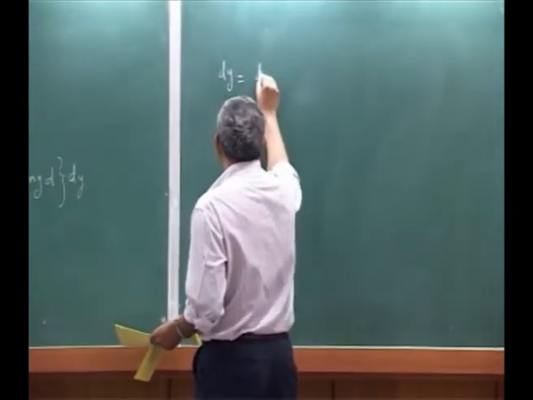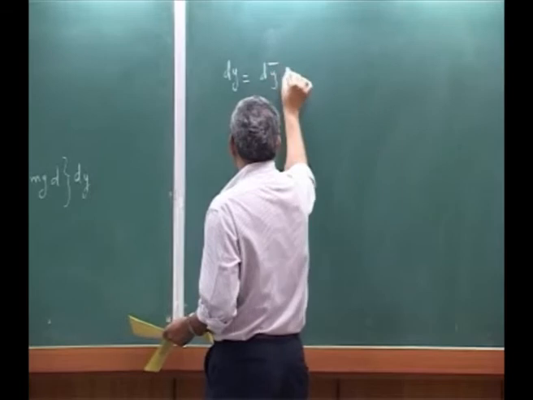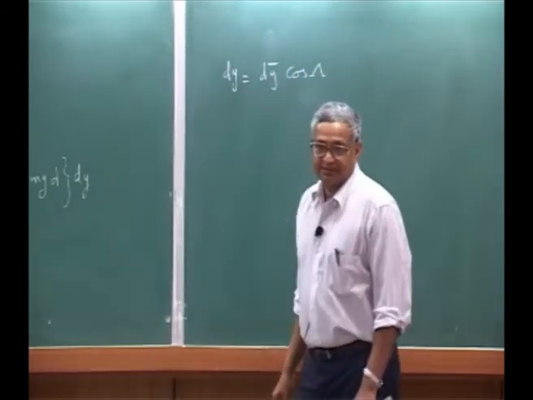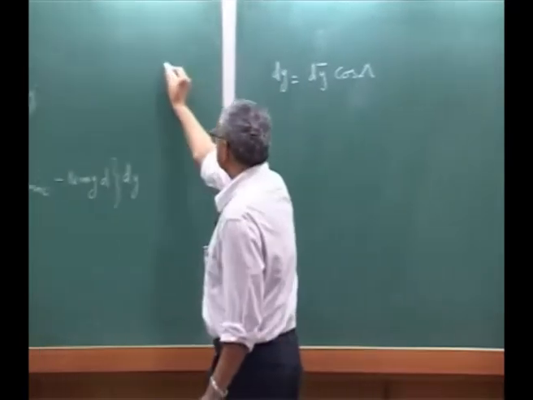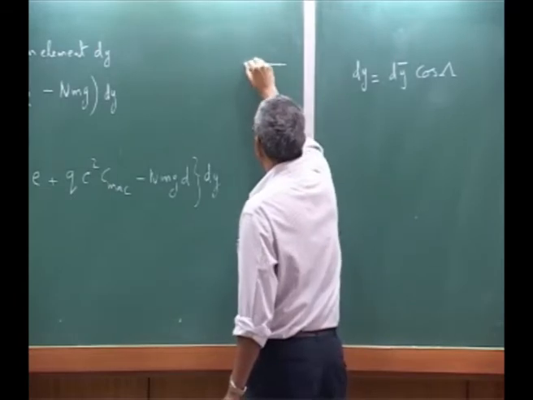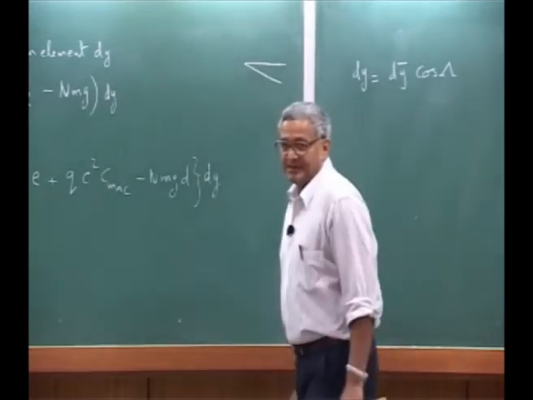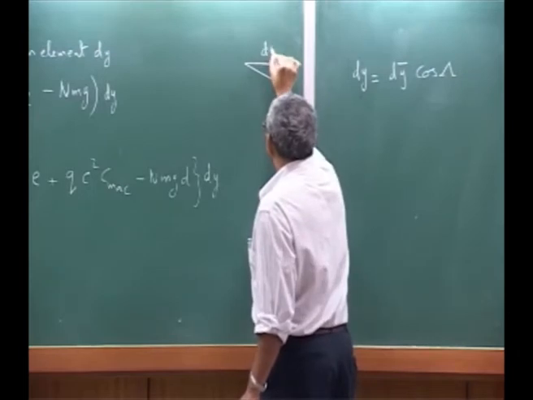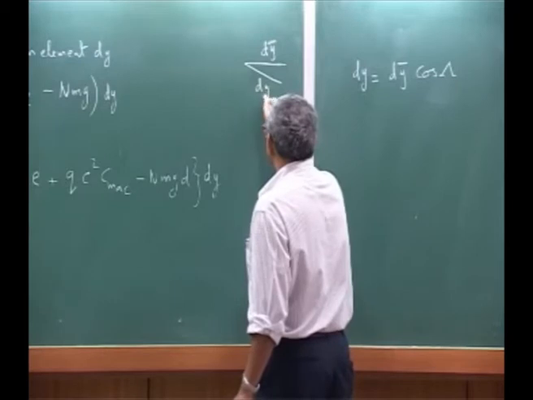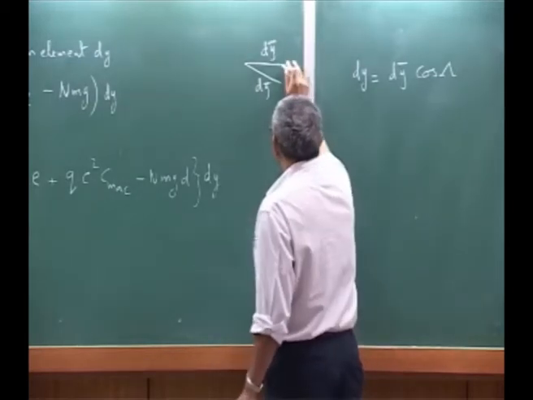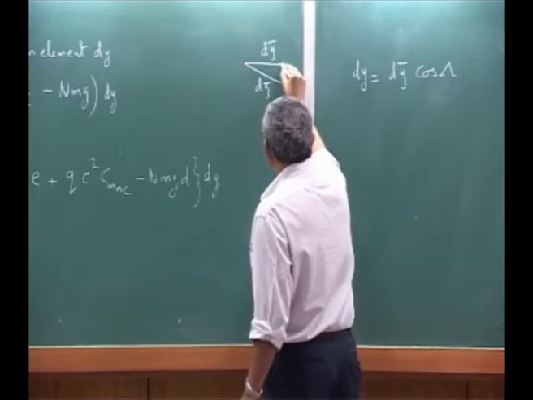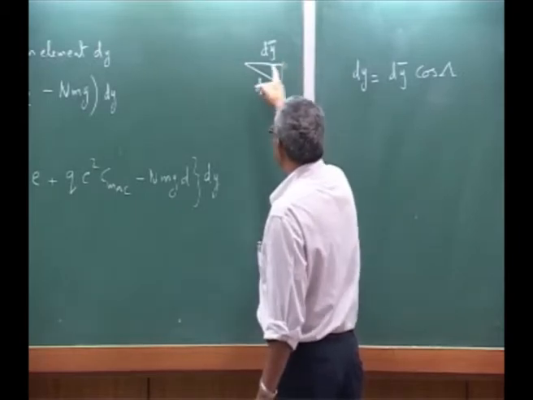So you will have dy is dy bar cosine lambda. Okay? Because this is dy bar, and you take this is dy.